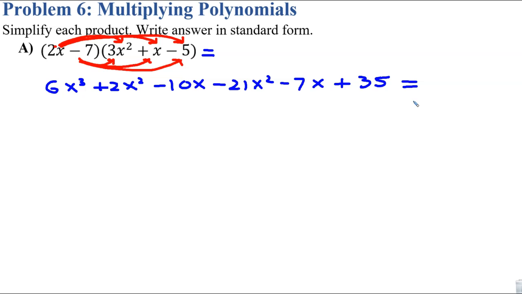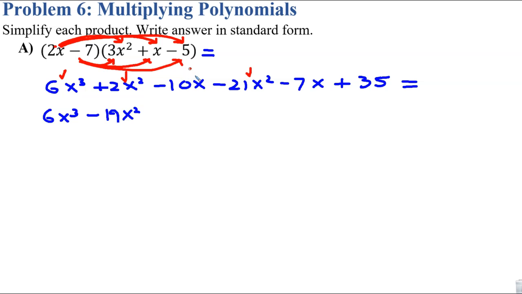Okay, like usual, put things in terms of standard form. I've got a 6x to the third, which I will check off to make sure I'm not missing anything. For x squareds, I've got a positive 2x squared and negative 21x squared. Putting those together will give me a negative 19x squared.